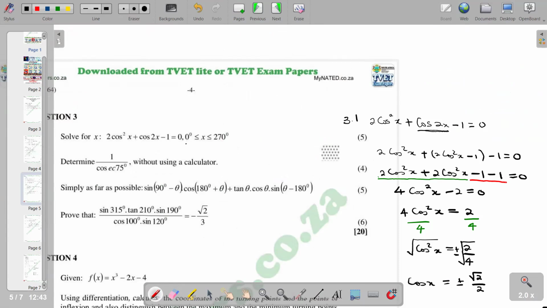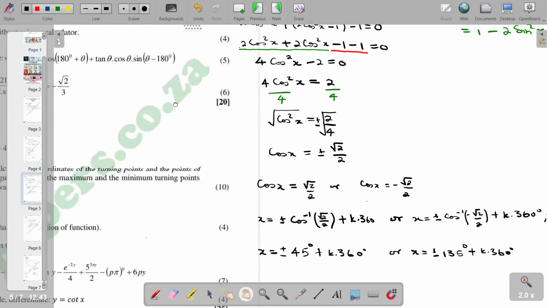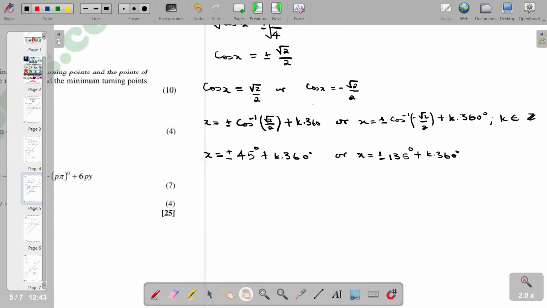It's saying our x is between 0 and 270 degrees inclusive. So it therefore means that we need the particular solution. We need the specific solution. So remember we said our k is an integer. So let us now substitute. We are going to start with positive 45 degrees plus k 360.